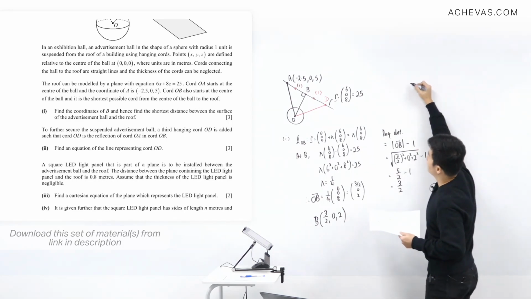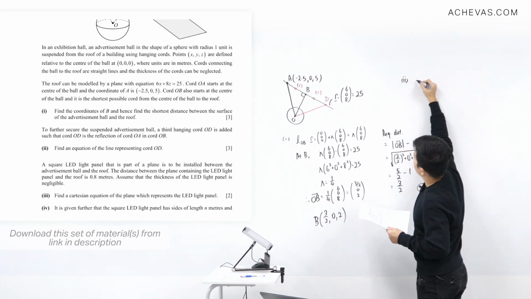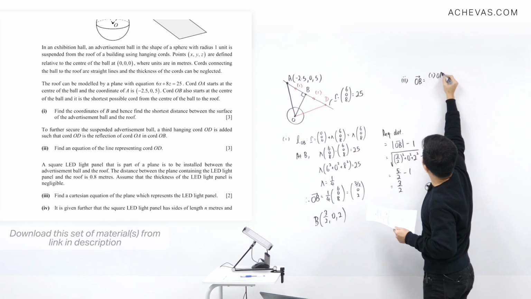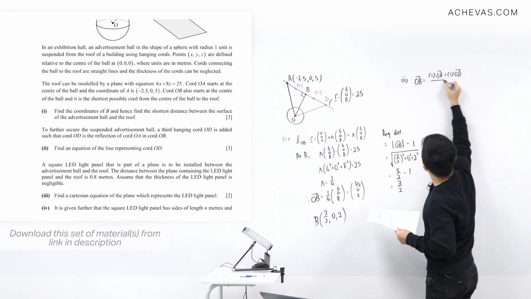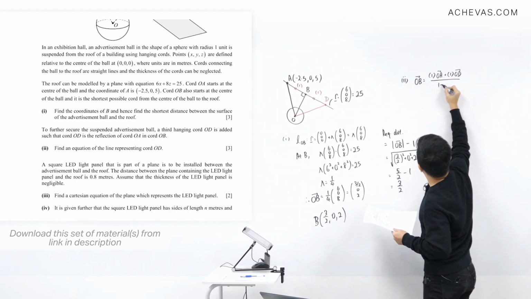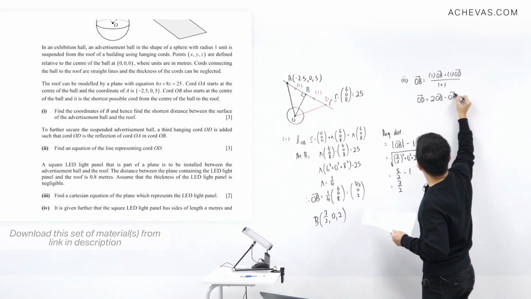So let's do that. For part 2, OB using the ratio theorem is going to be 1 times OA plus 1 times OD, divided by 1 plus 1, which means that OD is going to be equal to 2 times OB minus OA.